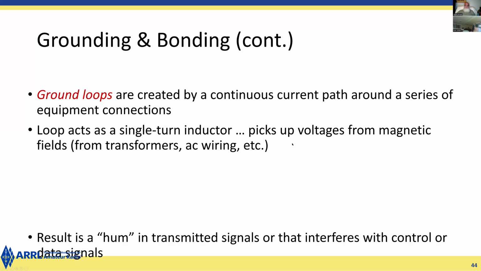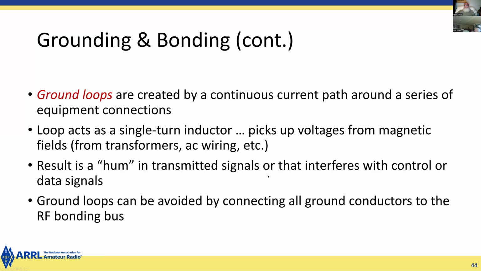And that can get into your audio, and it can also get into control signals. It can impose a voltage that's not supposed to be there on your control signals or data signals.